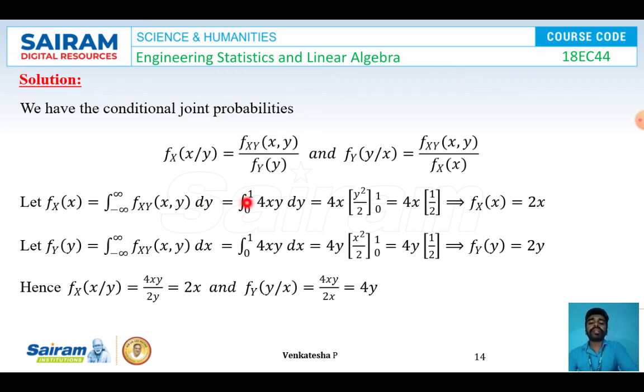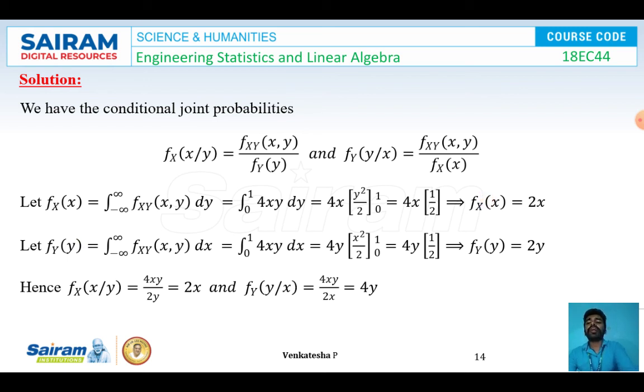I got the integral from 0 to 1 of 4xy dy. After integrating this, keeping 4x as it is, y will become y squared by 2 between the limits 0 and 1. So I got 4x into 1 by 2, so f_X(x) is equal to 2x. Similarly, I am going to find f_Y(y).